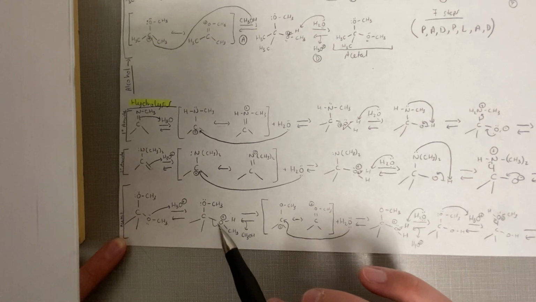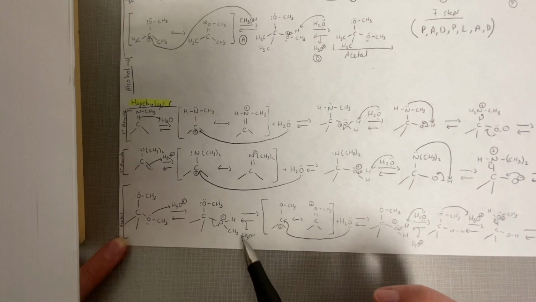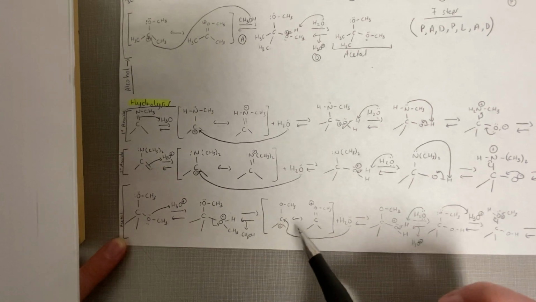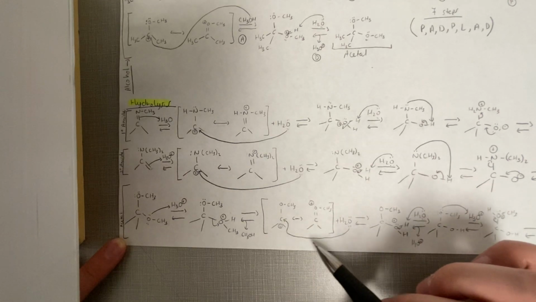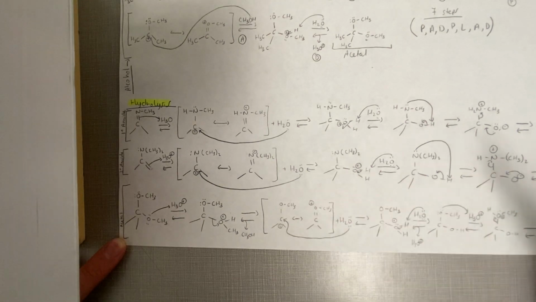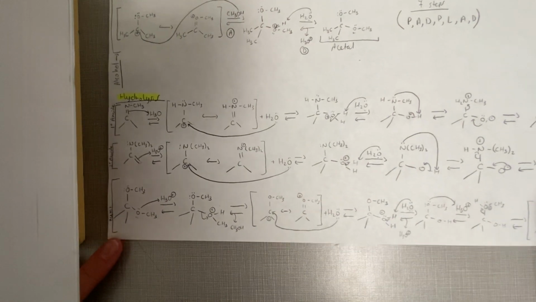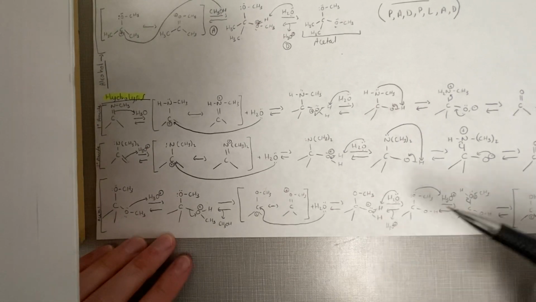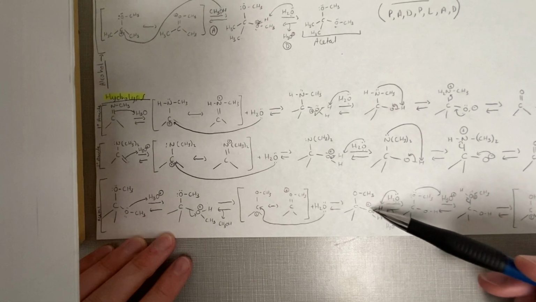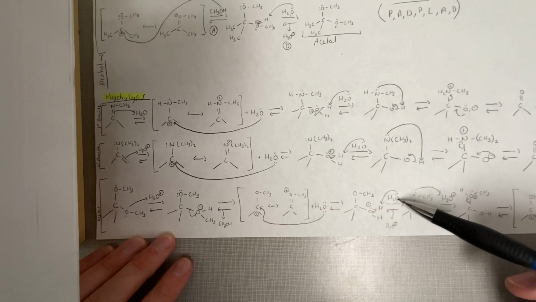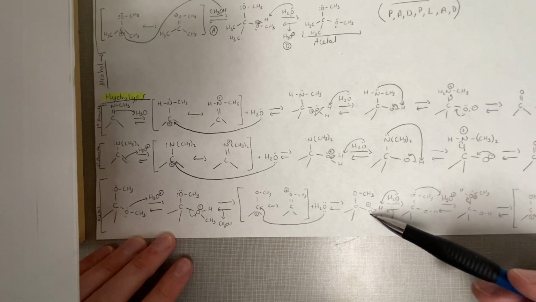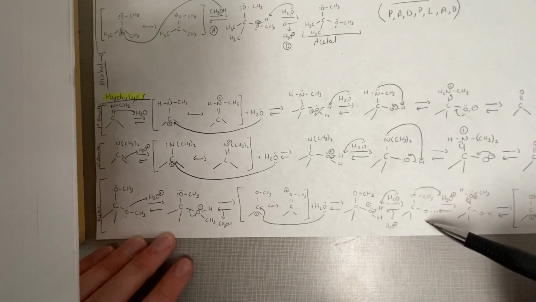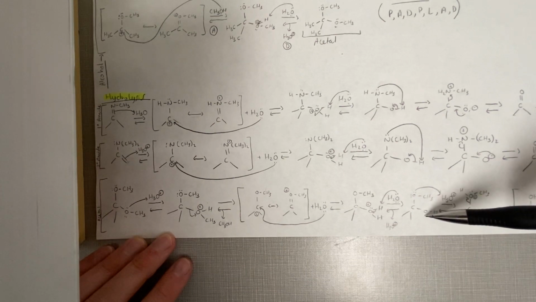Now it's ready to leave, so CH3OH leaves, and this forms a positive charge, or a resonance structure, with a positive charge on this carbon here, which allows water to attack it, forming this new intermediate that is positively charged. So we do as usual, we deprotonate it. This bond here rolls back on the oxygen, giving the oxygen a neutral charge.